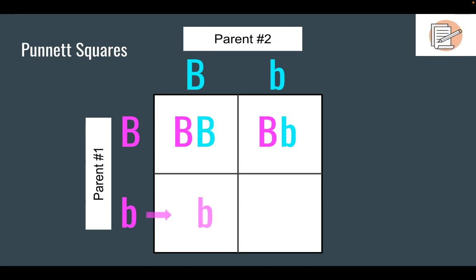Parent number 1 might provide the recessive and parent number 2 would provide the dominant. The final combination is that both parent number 1 and parent number 2 provide a recessive allele. With our Punnett square complete, we can now look at what are the possible genotypes and how likely are they.